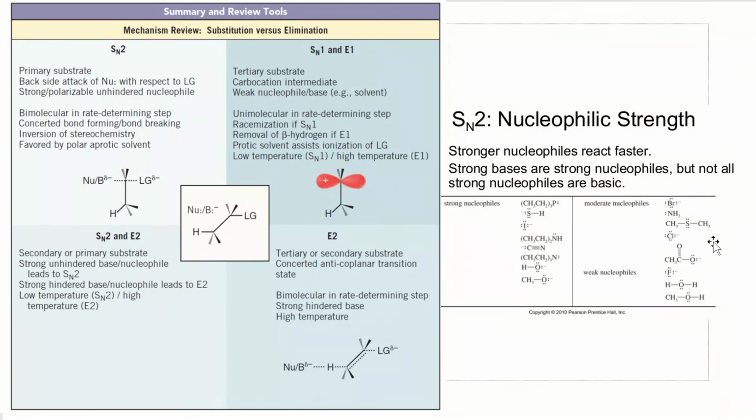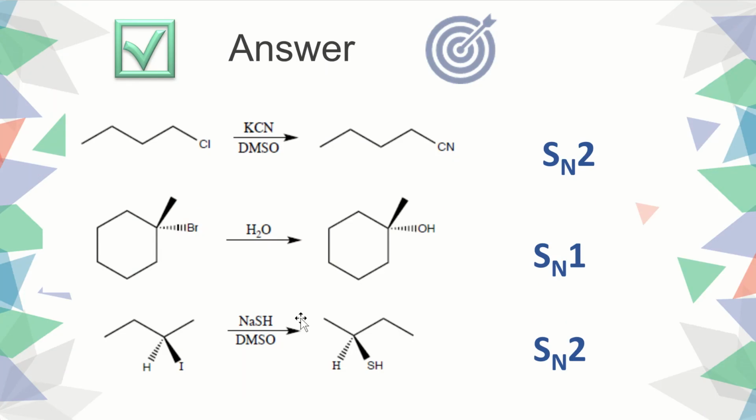Where does it fall? Water falls here under weak nucleophile. So we have a weak nucleophile here, and we have a tertiary substrate, definitely SN1. So that is how you go about figuring out which mechanism corresponds to which reaction. We look at our substrate, we look at our base.